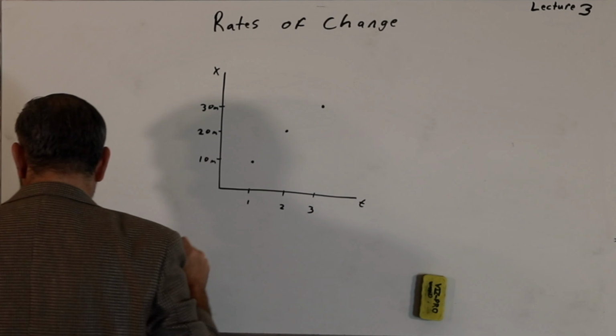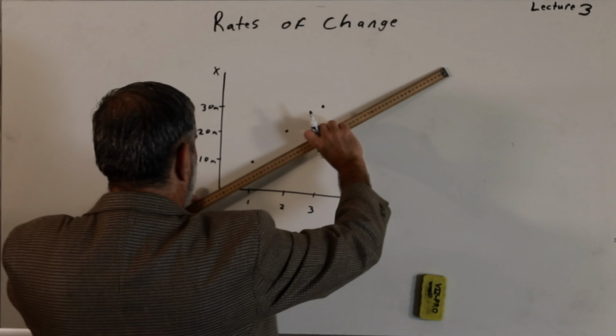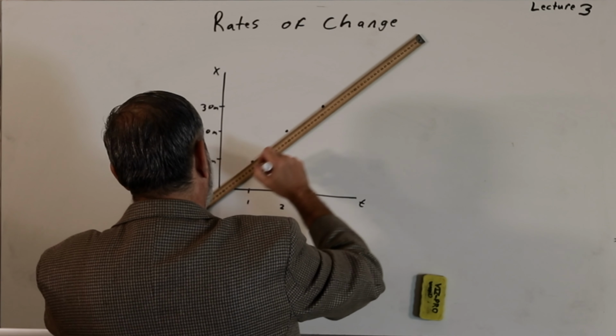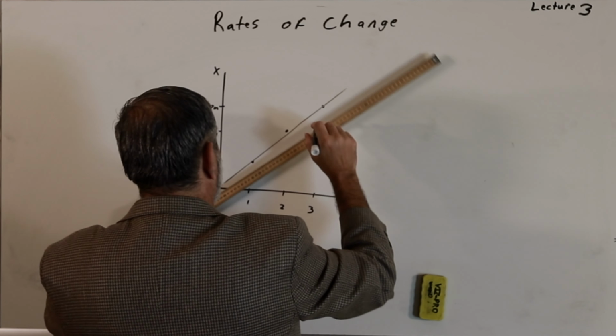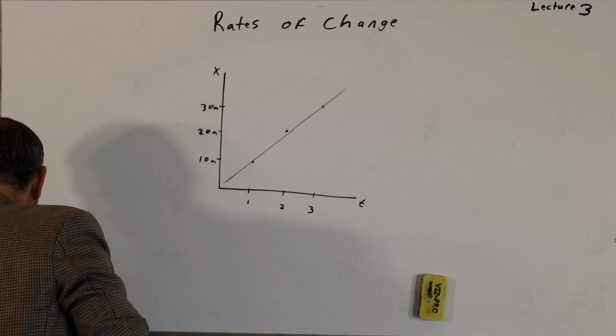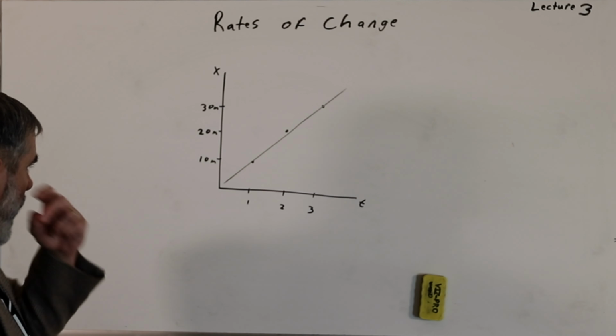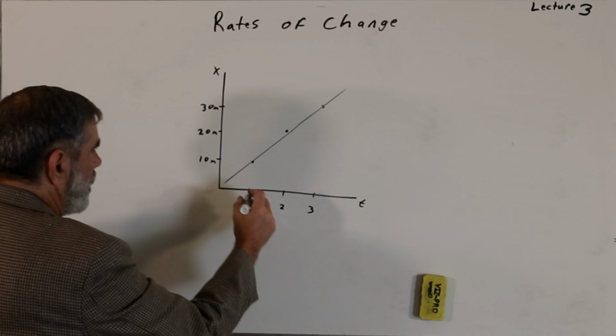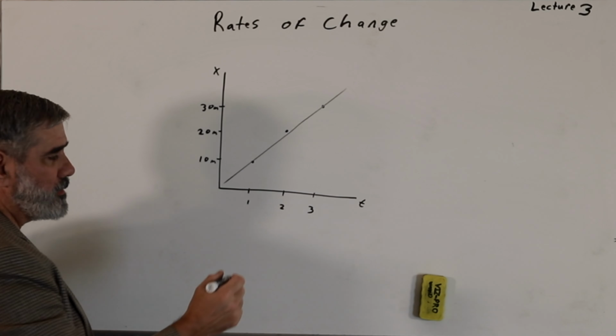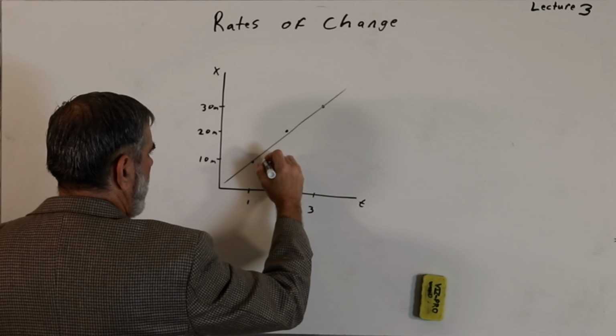And we graph this. We use a straight edge here to get the line we're looking for. We'll see that this is in fact a line, and the velocity, or the average speed, is the slope of this line.